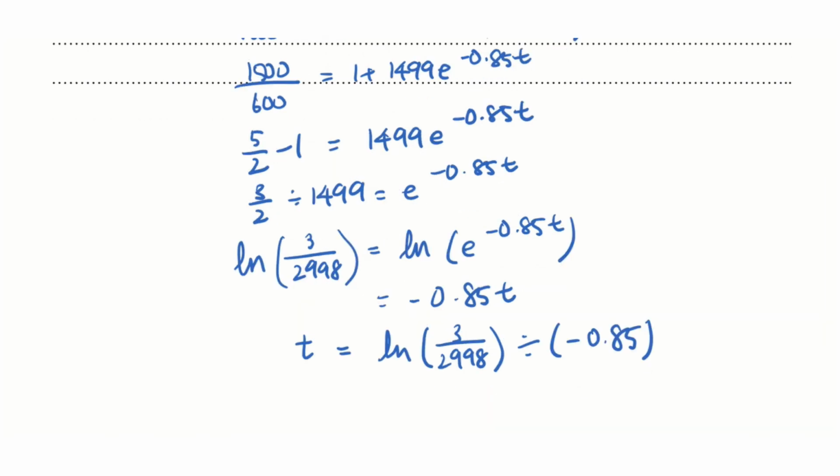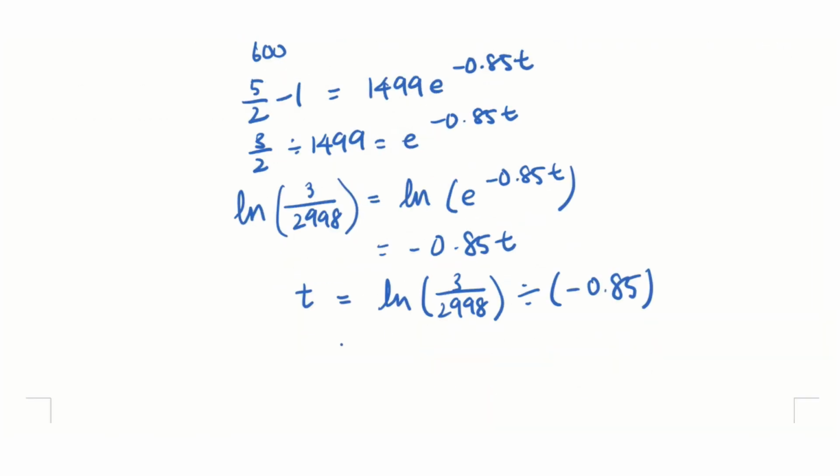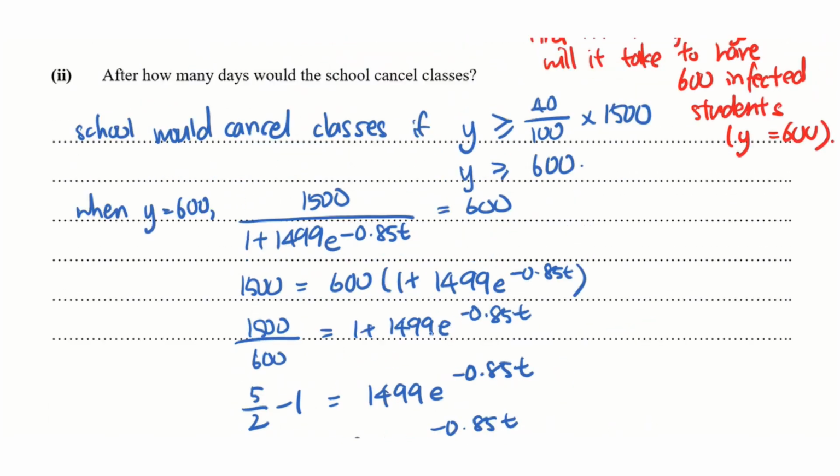Putting this into the calculator, we would get 8.1259. So the 3SF value will be 8.13. But t is about the number of days, right? It isn't very meaningful to talk about 8.13 days. So we will understand that about eight days is when the number of students infected will be about 600.